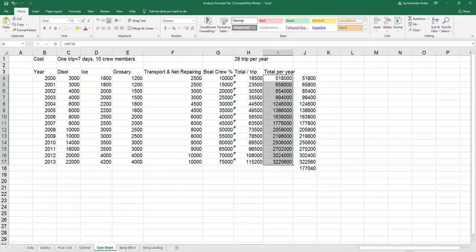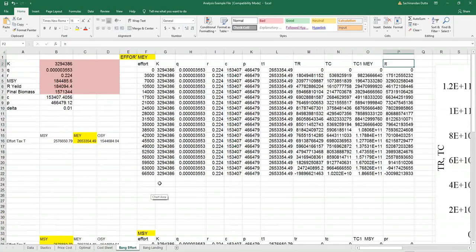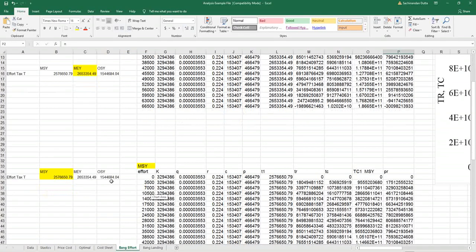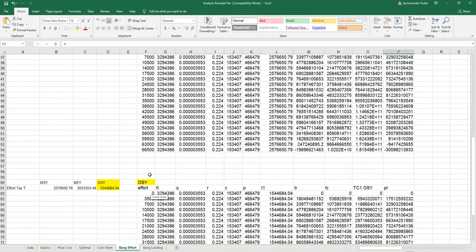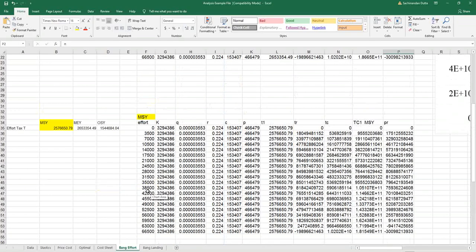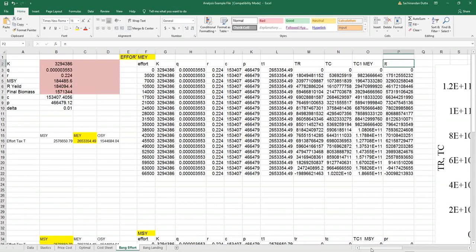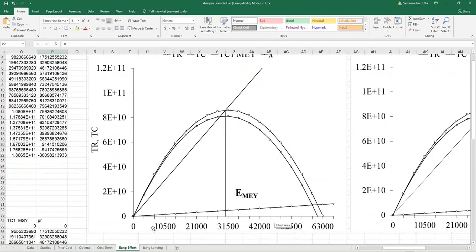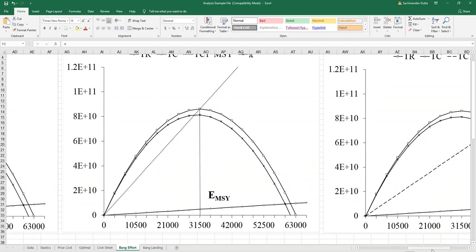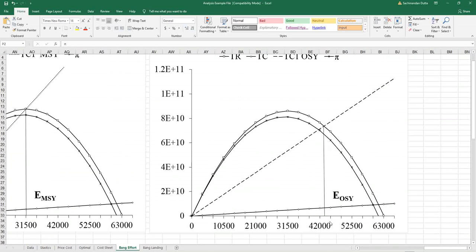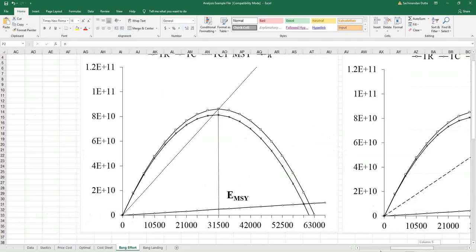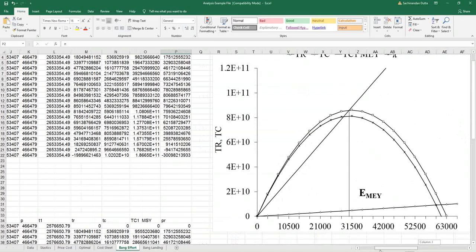Now comes the effort, MEY, MSY, and OSY, optimal sustainable yield. How to calculate the optimal effort of MEY, optimal effort of MSY, and optimal effort of open access equilibrium. These are the values we have already seen in the previous table, but how to get these graphs?